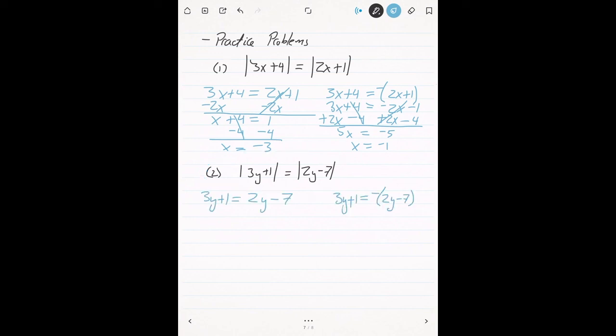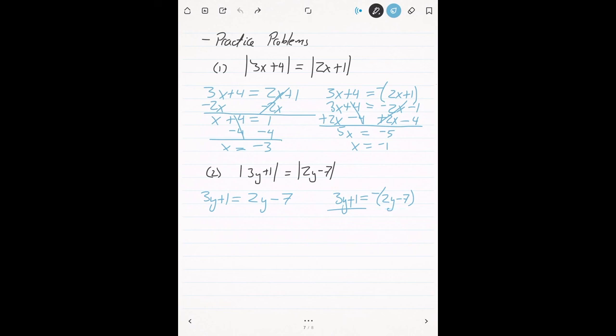All right, well, hopefully you're able to set up these two equations. You'll notice that the first one has the interiors set equal to each other. We're assuming that they're the same number. And then for the second situation, I took one of the interiors and set it equal to the opposite of the other interior, okay?